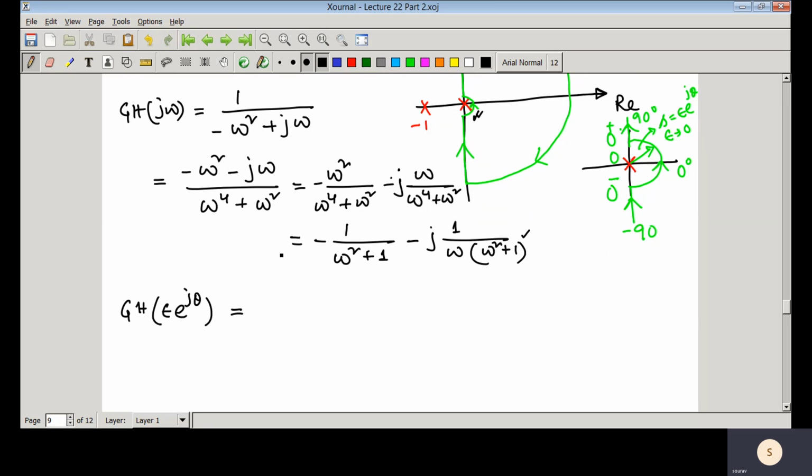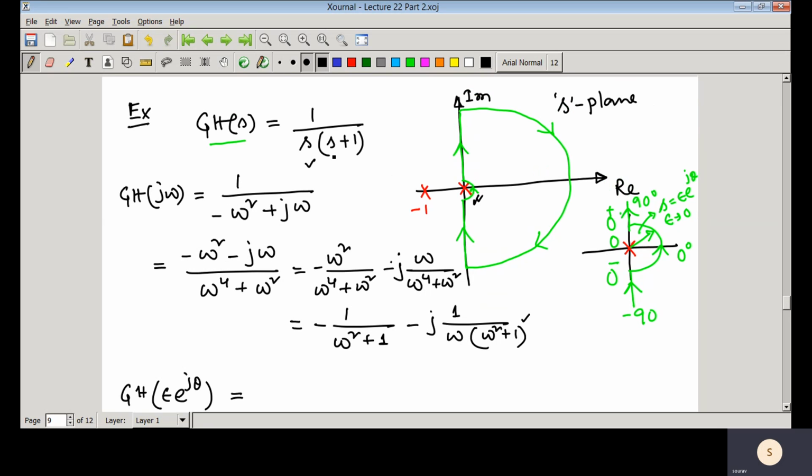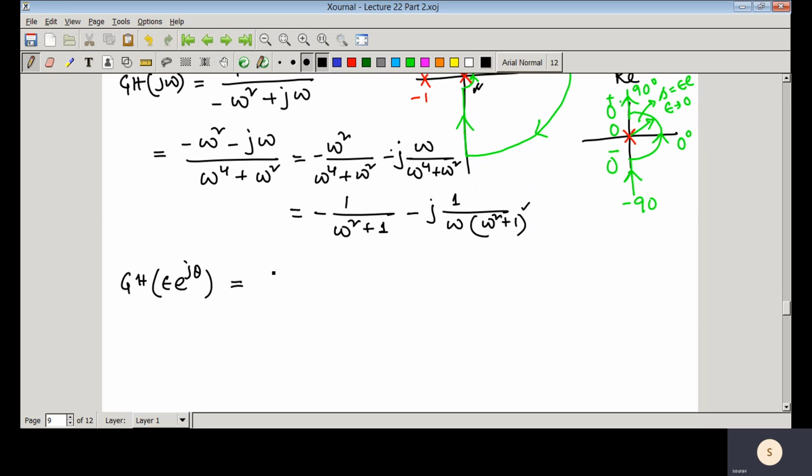So then what you will get, if you replace it here at s equal to epsilon e to the power j theta: limit epsilon tends to 0, 1 by epsilon e to the power j theta divided by epsilon e to the power j theta plus 1, that is s plus 1.